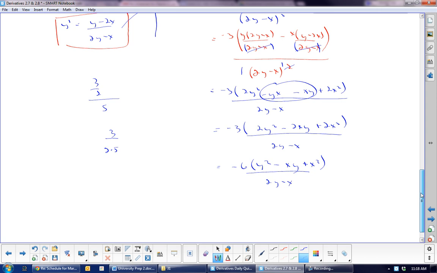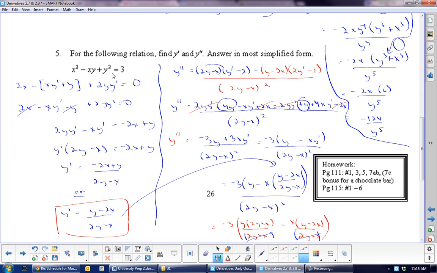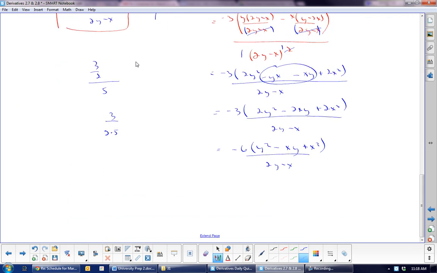So basically, when you can't go anymore, I took out a 2 and multiplied it to here. Now, if you can't go anymore, look back at your original equation. What does it all equal? 3. So this is negative 6 times 3 all over 2y minus x.